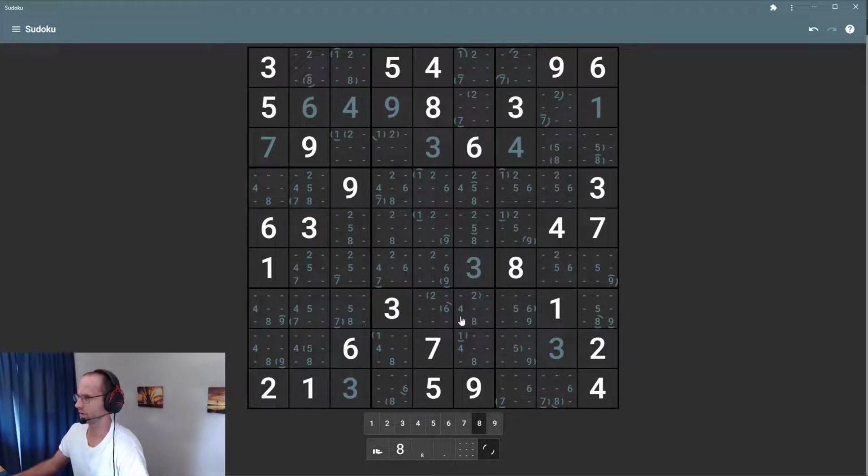Did we figure out this cell? Oh, it can't be a 4. Right, because the 4 was one of those 2. So this was the 2. Okay, so that didn't help us. 2, 6, 8, and 7.